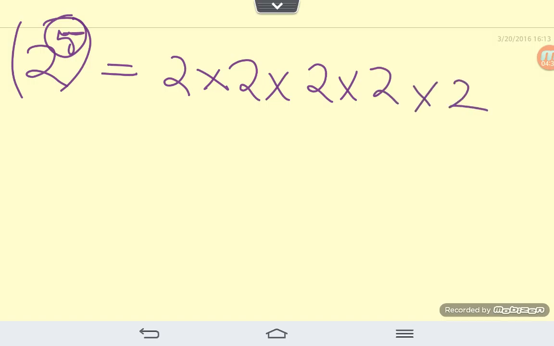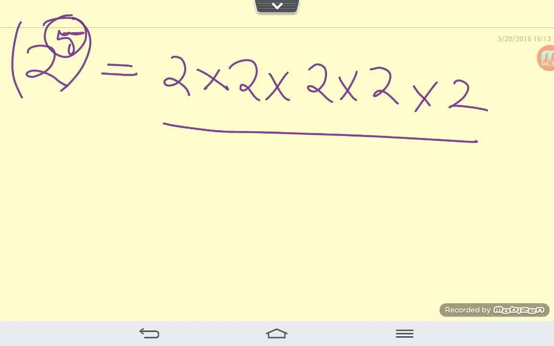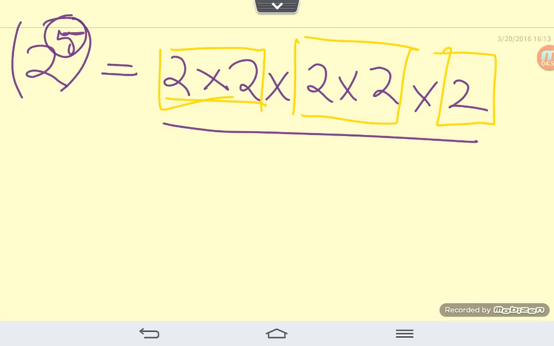Let's count how many 2's are there in this whole sentence. We have 2 2's, the first one. We have 2 2's again. And we have 1 2 left. So how much we have? 1, 2, 3, 4, 5. We have 5 2's, and this is nothing but 2 to the power 5.